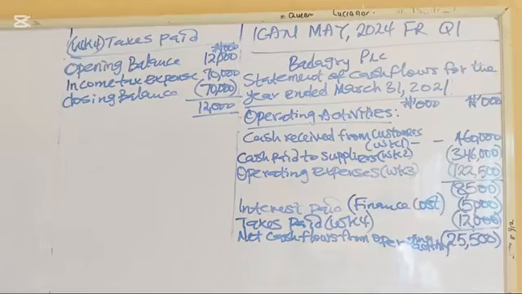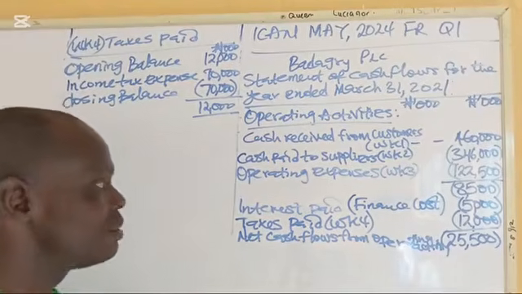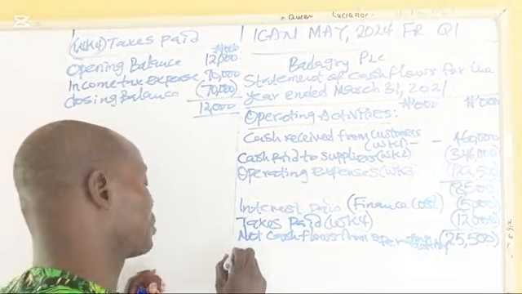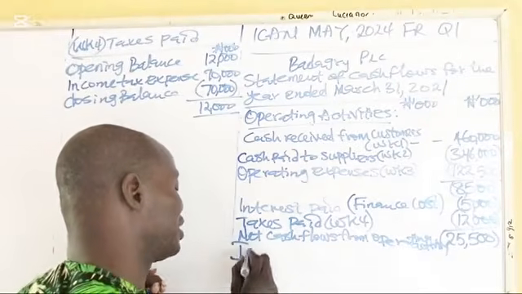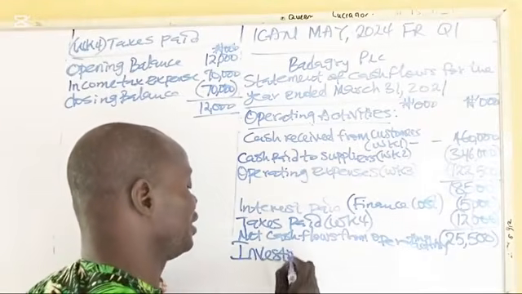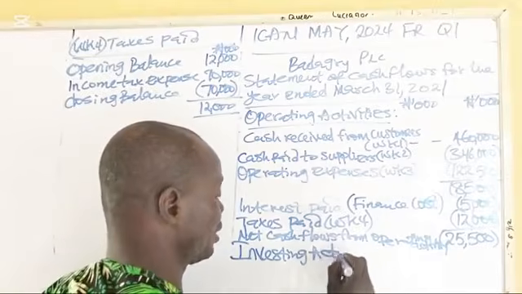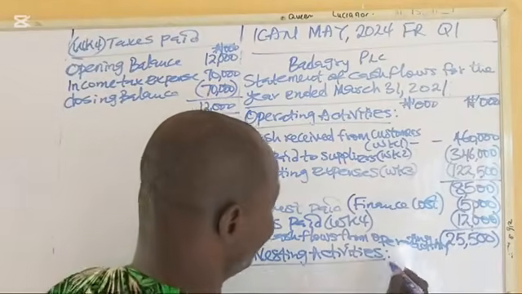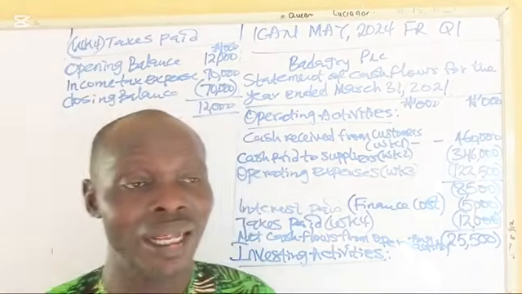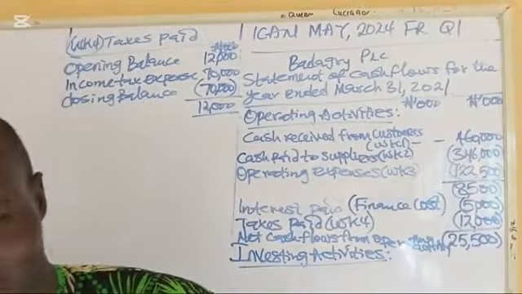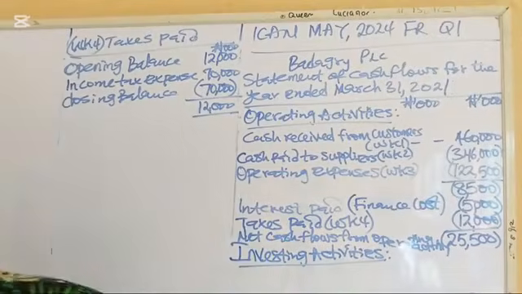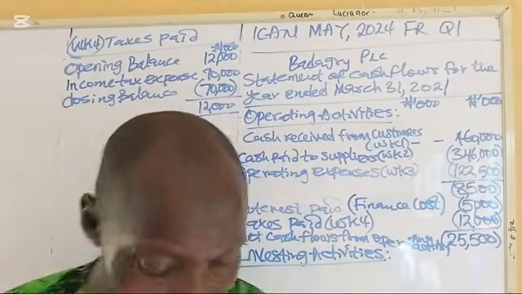Now that we are done with operating activity, what should be the next heading? Investing activities. And I've told you that these are activities that result in changes in non-current assets and investments.